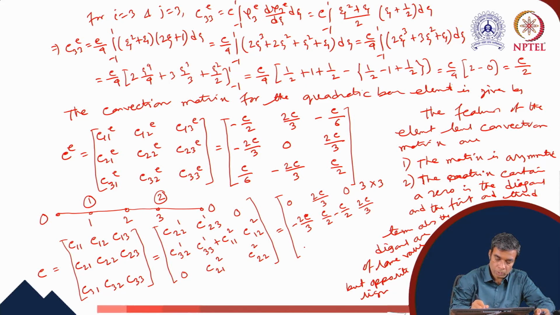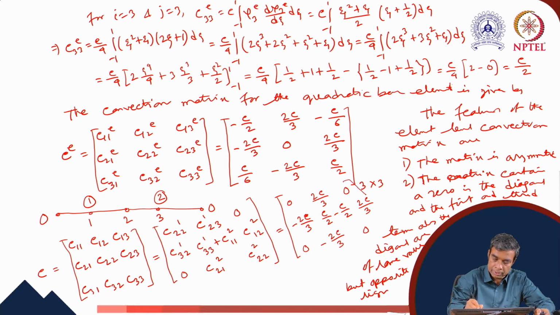Then in the last row, we have 0 as the first term. Then C212 is minus 2C by 3. And C33 will be C222, which is 0.